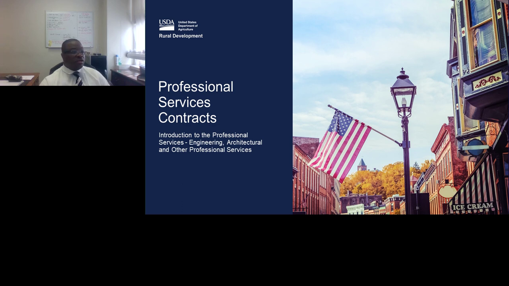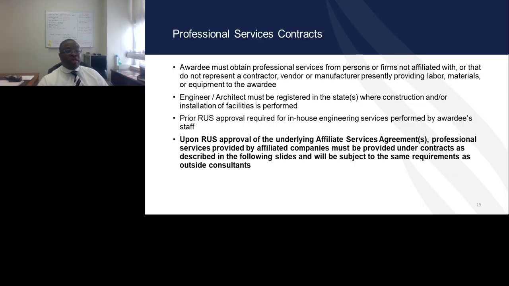Professional services contracts would cover engineering, architectural, and other professional services that an awardee may require. The awardee must obtain professional services from persons and firms that are not affiliated with any contractor, vendor, or manufacturer presently working with the awardee.